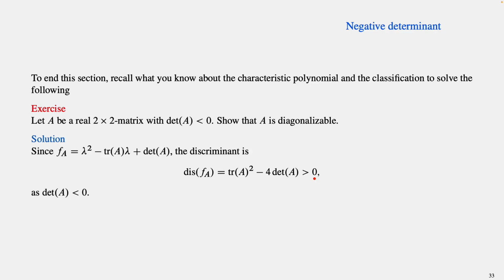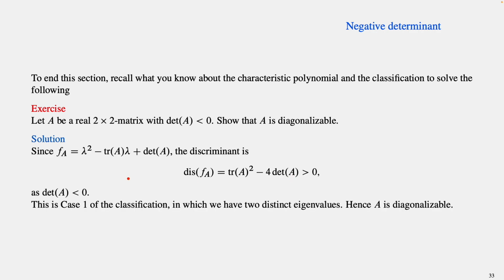It's a positive number because by assumption our determinant is negative. So this part here is non-negative and this part here with a minus sign must therefore be positive. Because we have a positive discriminant, this is case 1 of the classification, in which we have 2 distinct eigenvalues, and this implies that A is in fact diagonalizable.